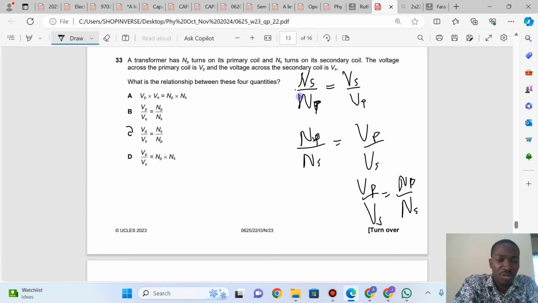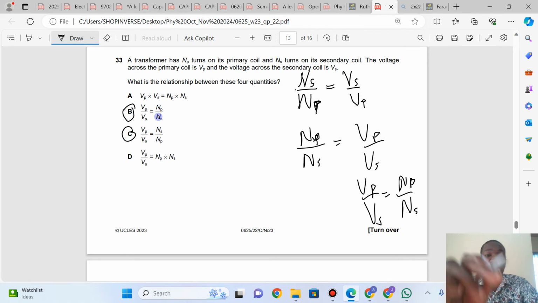And that's what you have in option B. So the correct answer to question 33 is B, okay? Voltage primary over voltage secondary equals the number of turns primary over number of turns secondary.